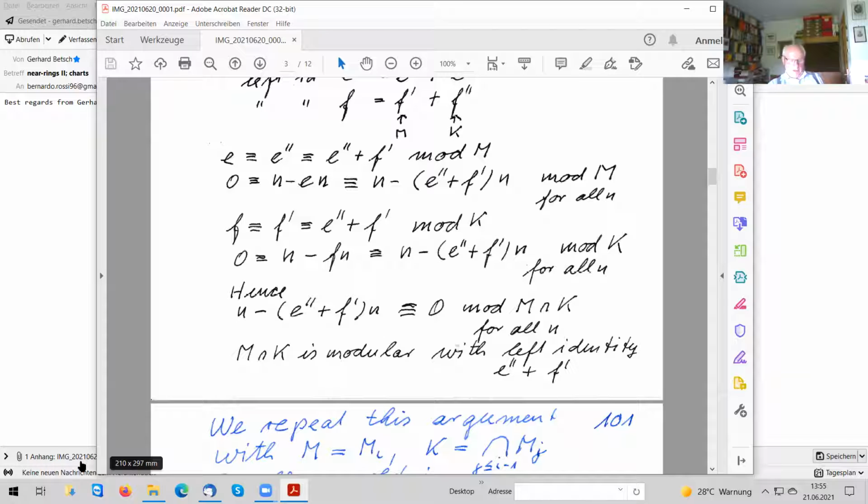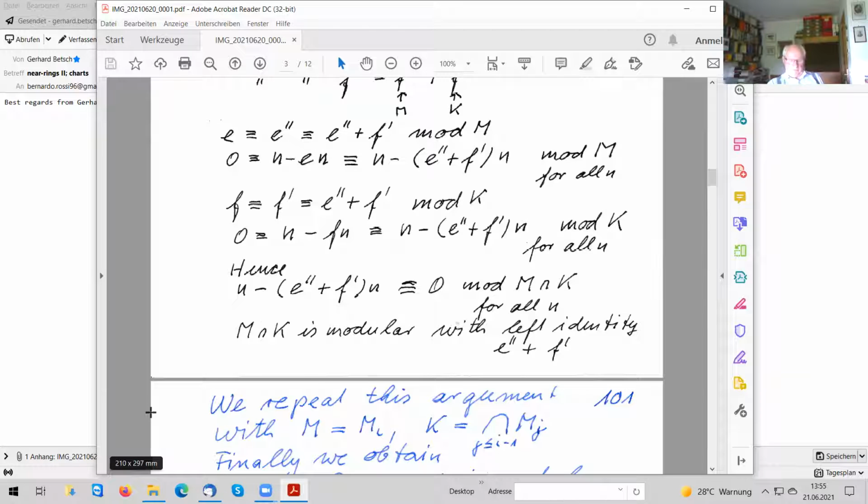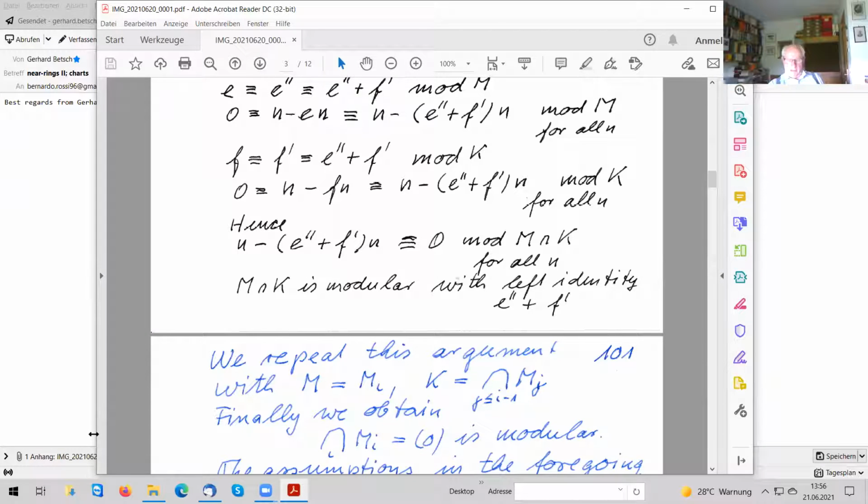Now we repeat this argument with M equals Mi, K equals the intersection of Mj, j less or equal i minus 1. And we finally obtain that the intersection of all Mi, which is 0, is modular.